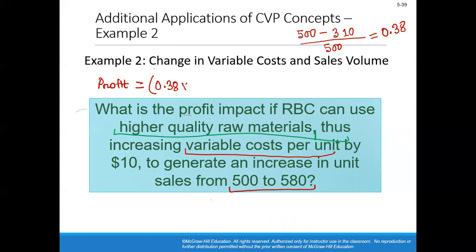Now, if we multiply this by the total sales value, which is 580 into 500, in that case, it should be 290,000. Okay. So we are getting the contribution margin amount from here.